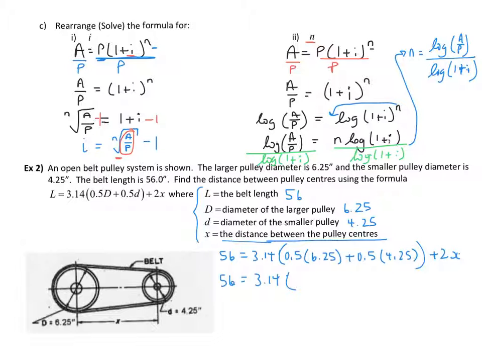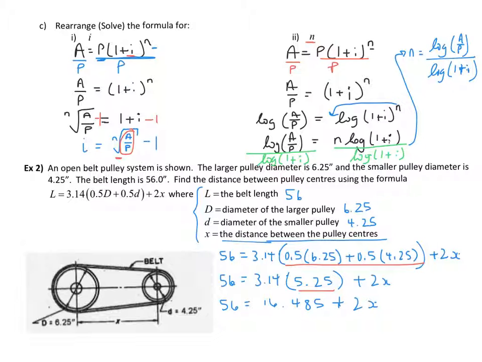This entire bracket evaluated down to 5.25 here. All right, at this point I'm going to multiply that 5.25 by 3.14, and that gives us 16.485. And that's a 2x there.